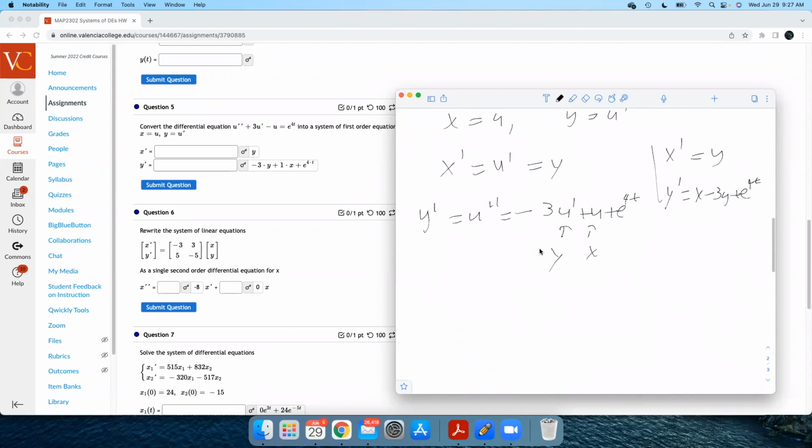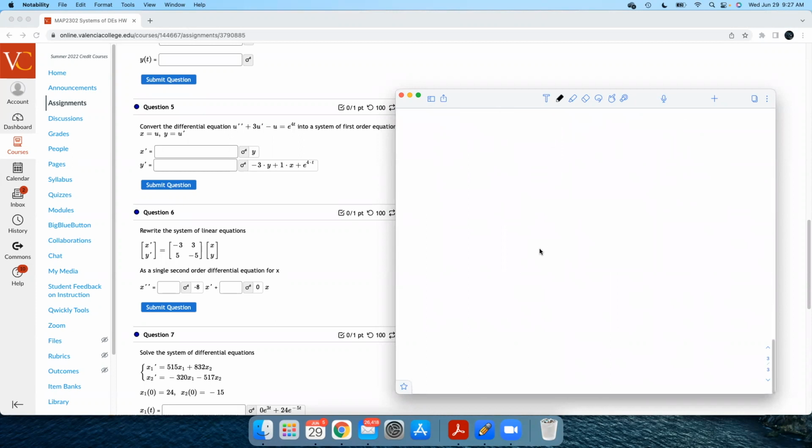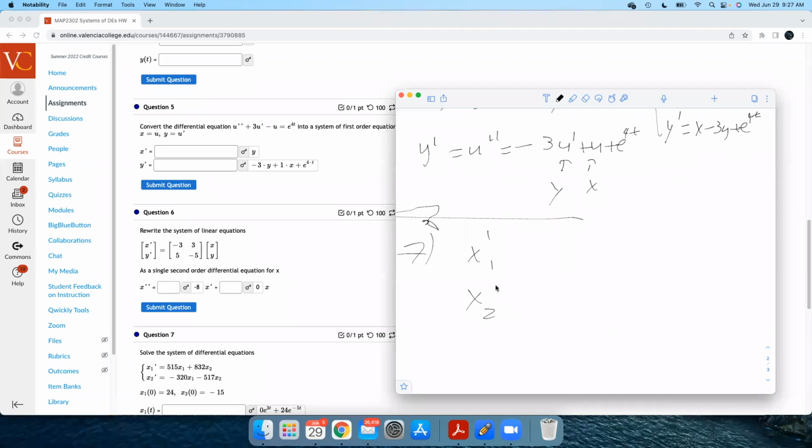Okay, let's take a look at number 7 because it's just nasty. So it's x1 prime. I'm going to write this in matrix form: 5, 15, 832, negative 320, negative 517.